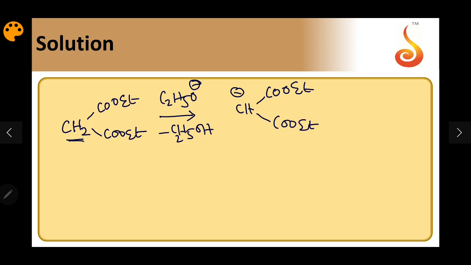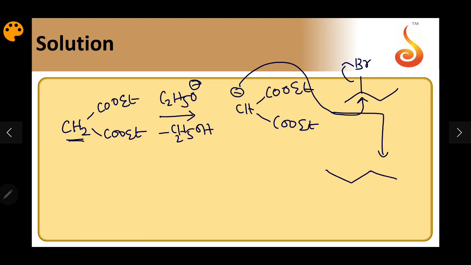Now we are reacting this with an alkyl halide. So this will attack the alkyl halide and undergo an SN2 reaction to form the product. So it is going to be CHCOOEt twice. So when I do hydrolysis, both esters will become acid, and with heat, two acids on one carbon becomes a monocarboxylic acid.